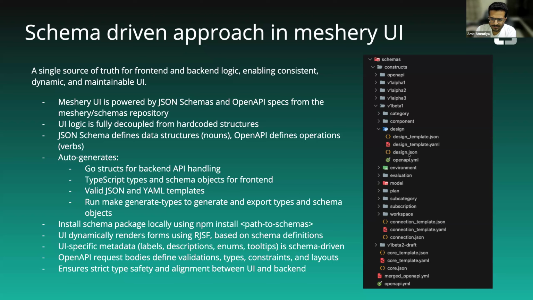And so we go to design.json, and in design, we have the default properties of a design, and how a design will look if it was stored in the database. So we define those of the core construct in the JSON file, and the OpenAPI file is useful for any endpoints, like get design, update design, and post design, the common CRUD operations.